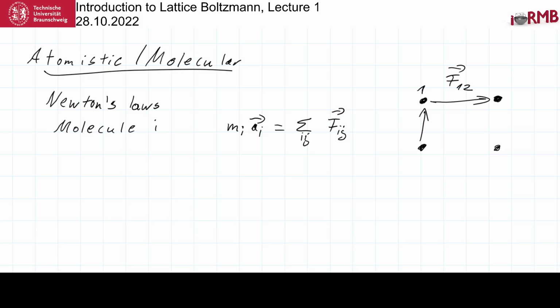There's a force F_23, then there is a force F_31 that's going this way, and an F_34 going this way, an F_42 going this way, and then there are others in between, F_14.